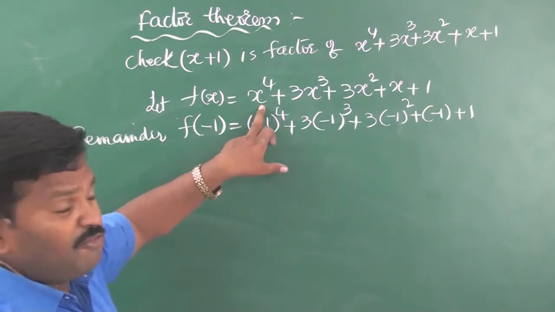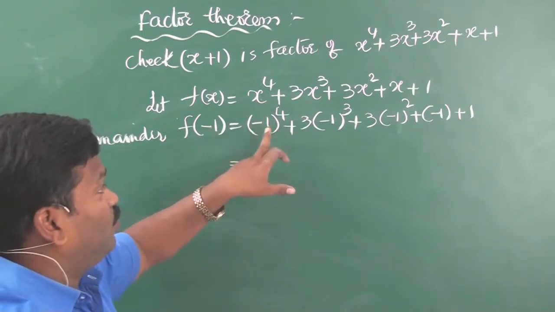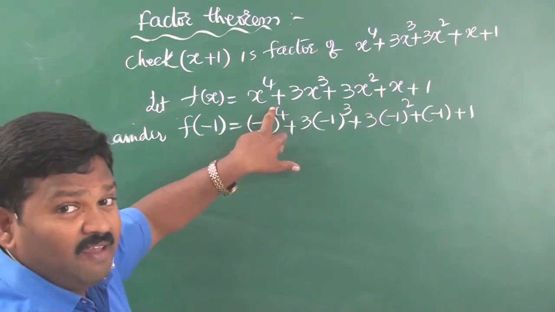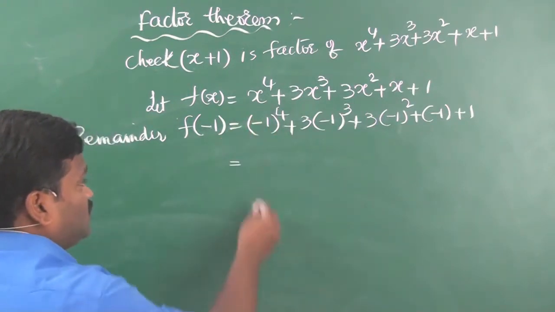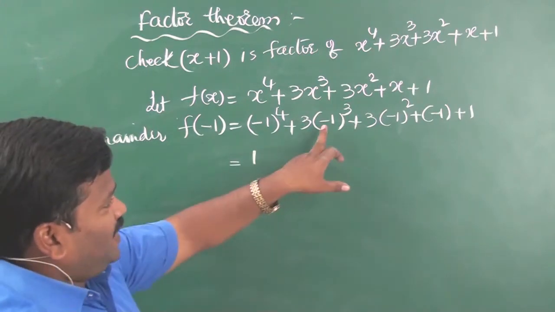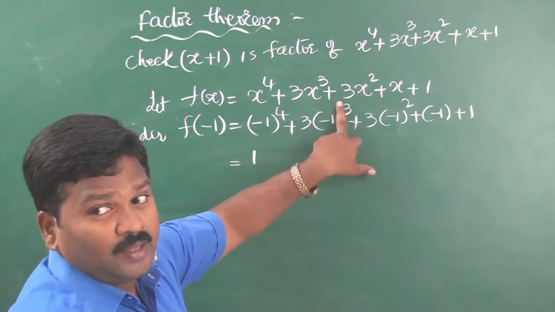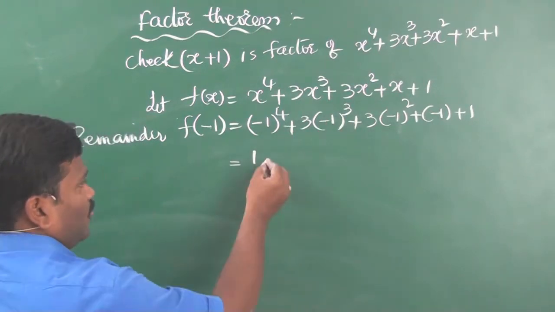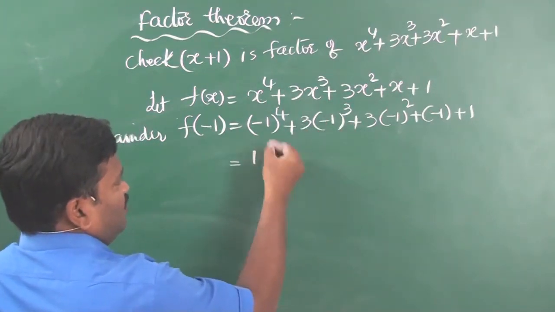Minus 1 power 4: the power is even, so the minus becomes plus 1. Minus 1 power 3: the power is odd, so the minus remains minus, and 3 into minus 1 is minus 3.